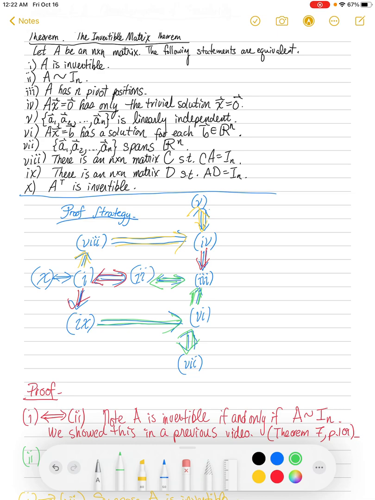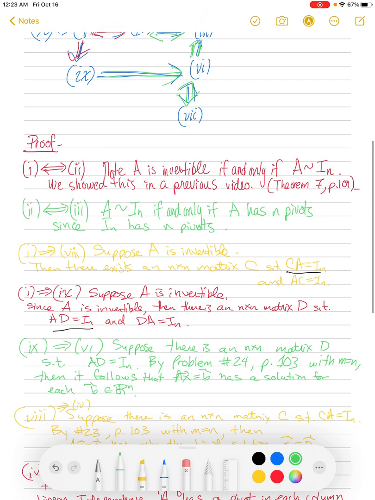So 6 is Ax = b has a solution for every b in Rn, and 7 is the columns of A span Rn. The set of columns spans Rn. Well, those two are equivalent, 6 if and only if 7, by the conditions for spanning Rn.